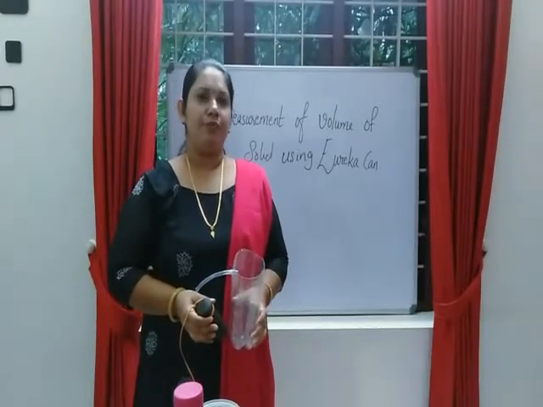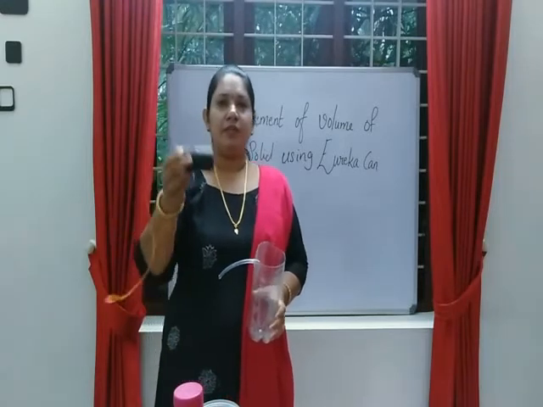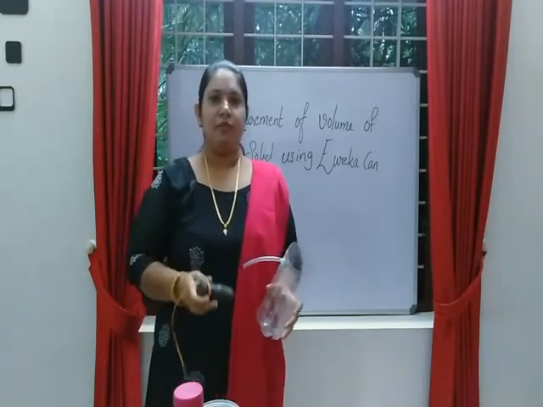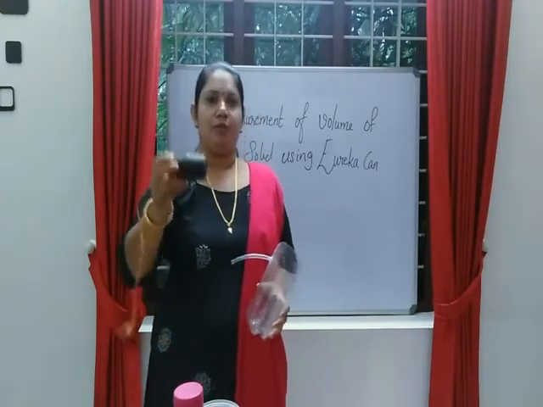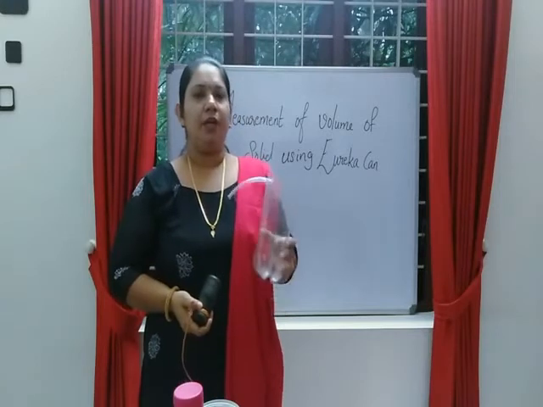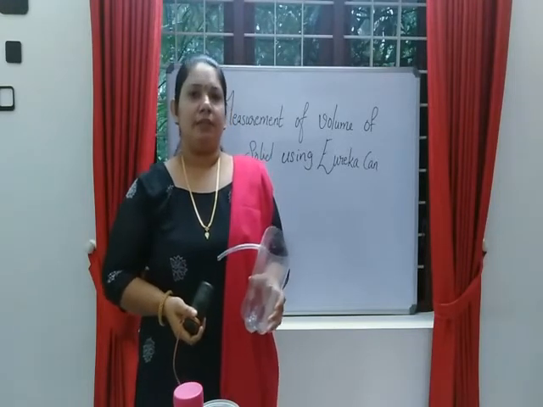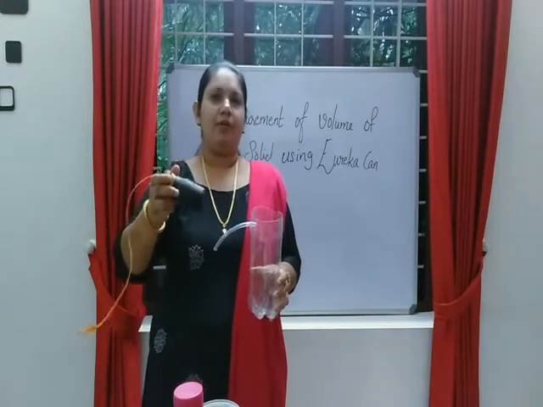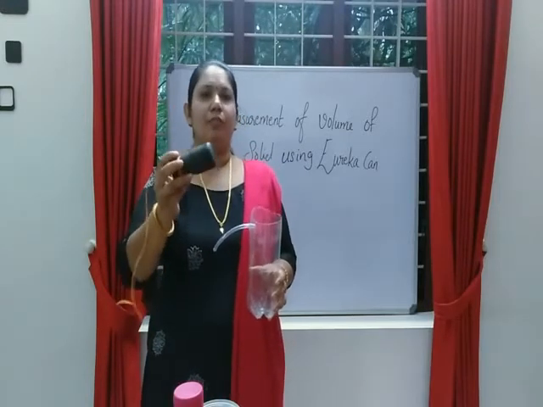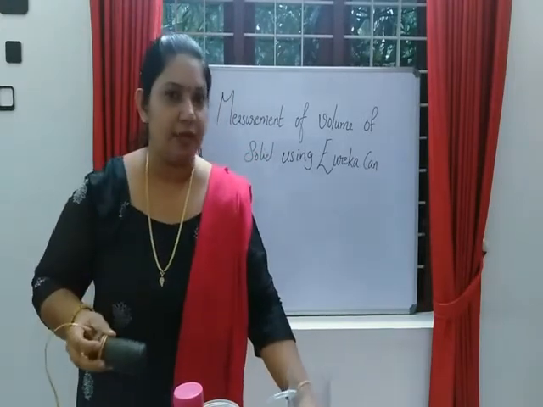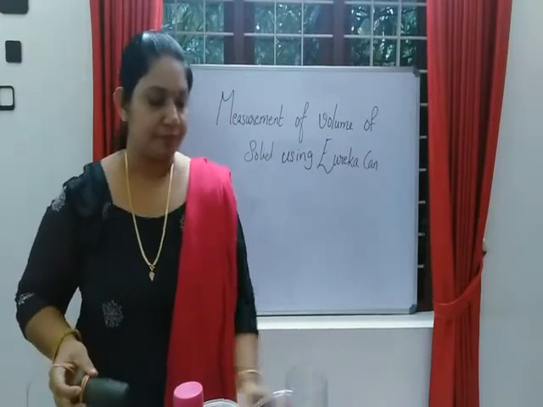Next we are going to find the volume of this irregular solid using a Eureka can. Just now we completed how to find the volume of this irregular solid using the displacement method. Now we are going to use another method, the Eureka can. For that we will place the Eureka can on the table.